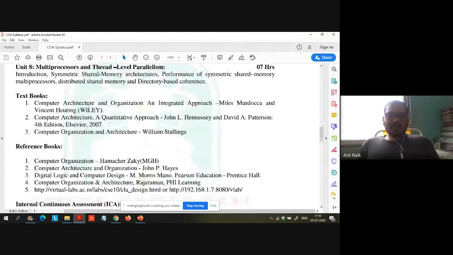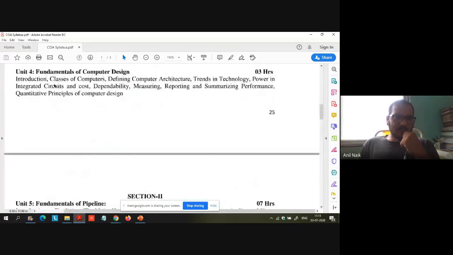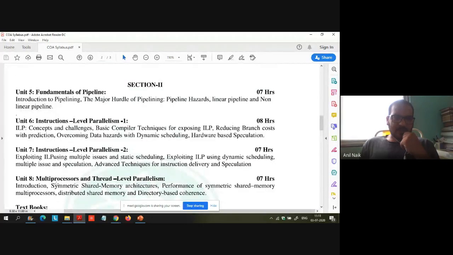So these are the textbooks. Computer Architecture and Organization: An Integrated Approach by Miles Murdocca. This first textbook you will get, the PPTs you will get, and three units are covered in this first textbook. The second textbook covers around 5 units, 4, 5, 6, 7, 8.